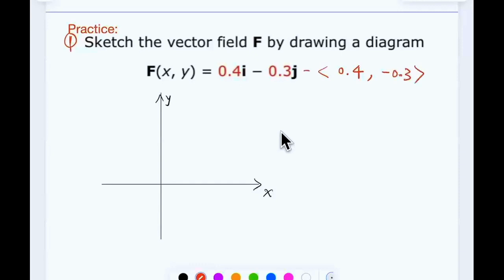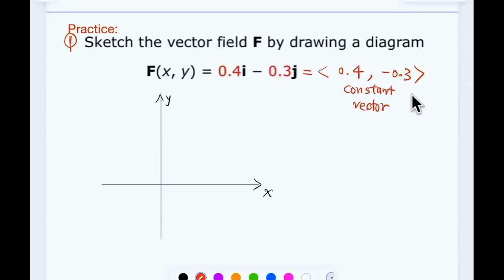So this is a constant vector, isn't it? Which means it doesn't depend on the location of the point. It always has this constant vector, right?